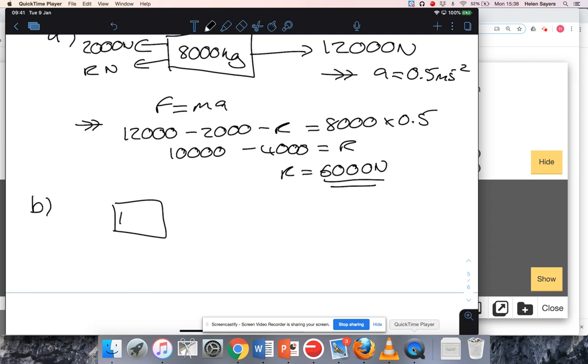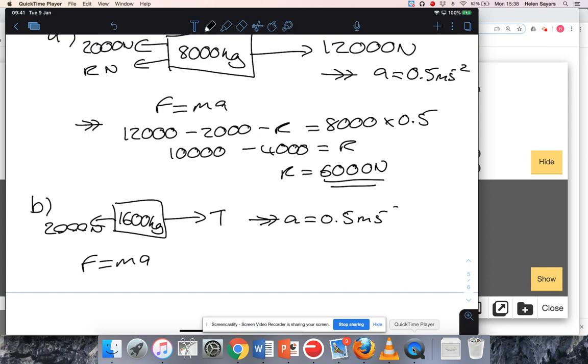So the carriage has a mass of 1,600 kilograms. It's been pulled along by the tension in the shunt, and I was told that there is a resistive force of 2,000 newtons. It's travelling off to the right.